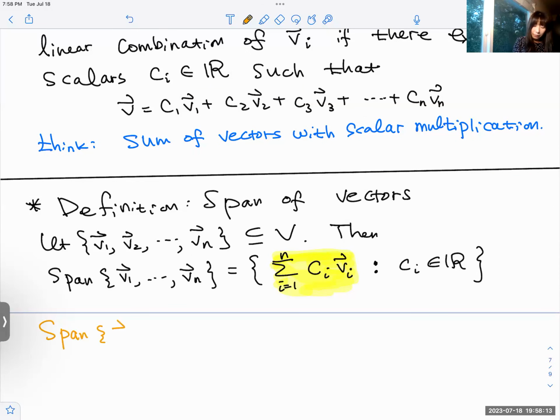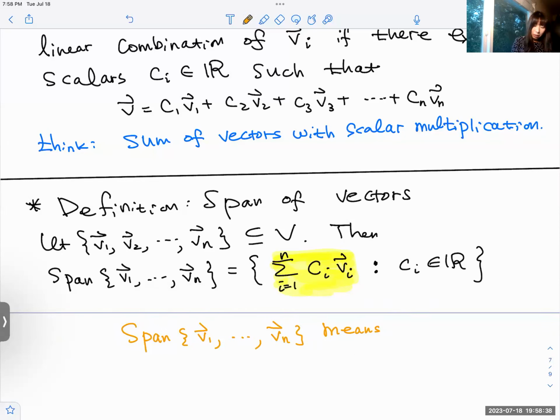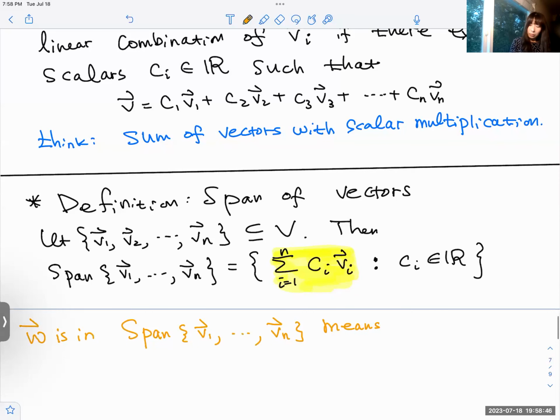Span V1 through Vn means, okay, let me write down W because we denote W. W is in span means W, vector W, can be written as a linear combination of vectors V1 through Vn.